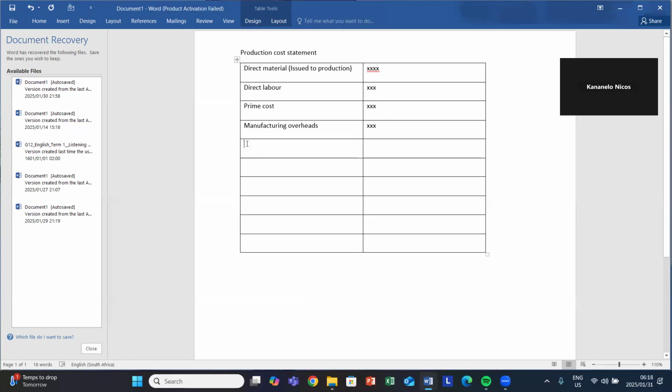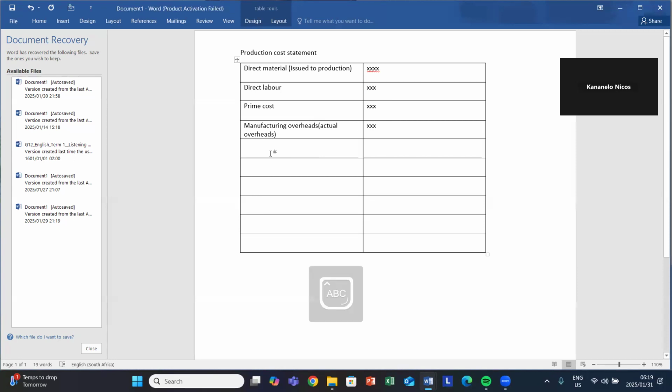With regards to overheads, remember that the overheads that you record there are the actual overheads that occurred. But you should also be vigilant about this.